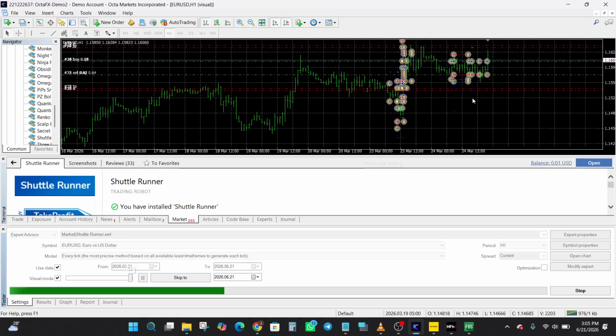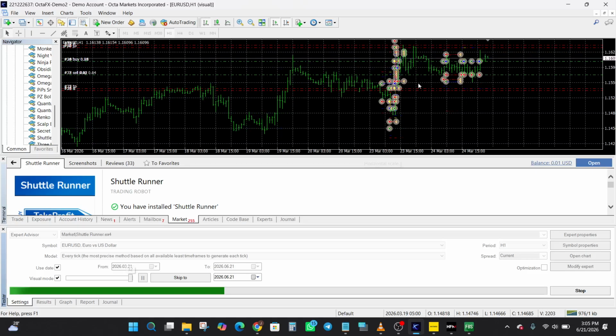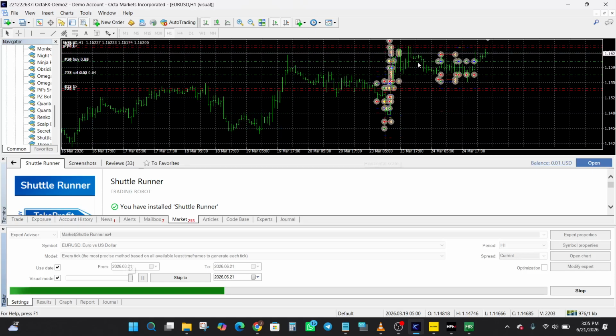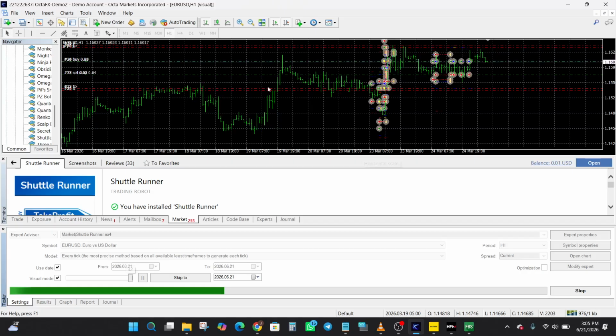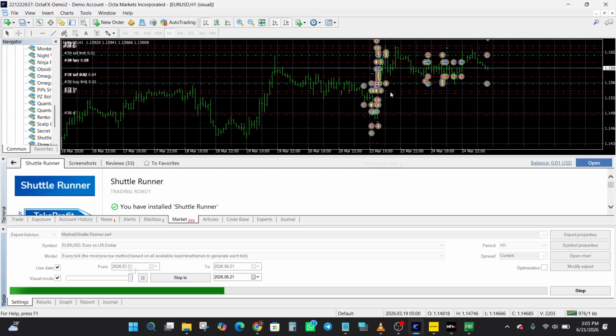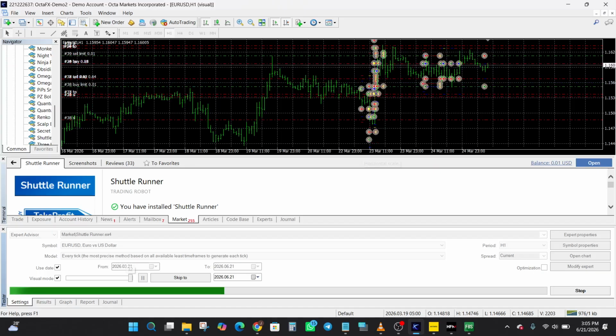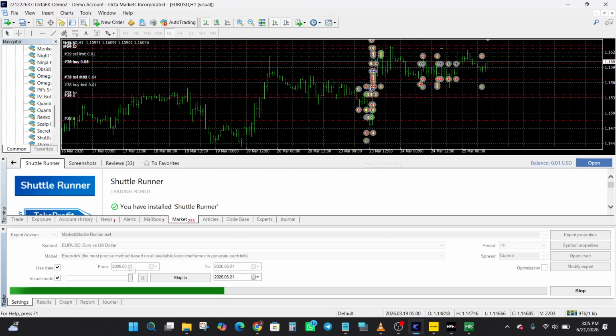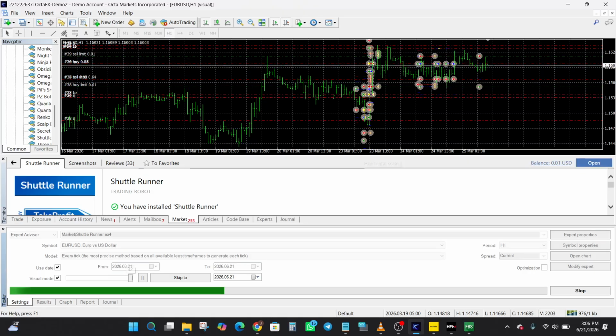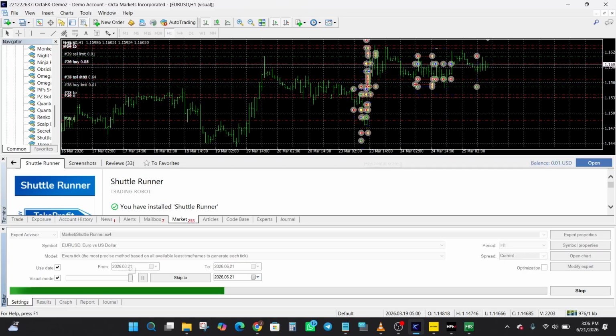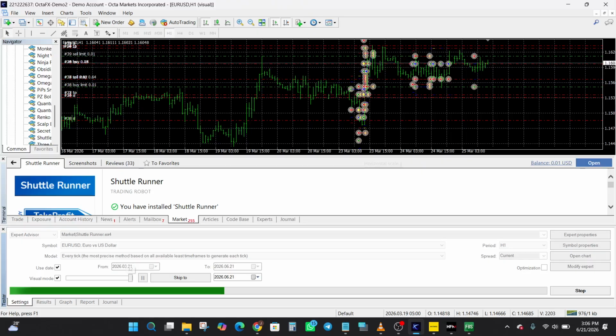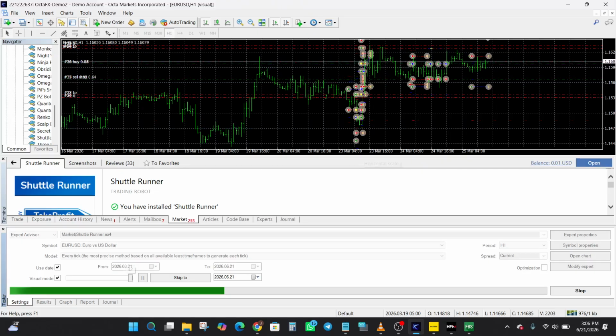We can even see the strategy at work, with the lot sizing and setting opposite trades and all of that alongside the TP and SL. So if you are interested in a channel based approach that focuses on active market sessions and configurable position management, it's worth exploring further through your own testing and evaluation before considering any live deployment of the Shuttle Runner Expert Advisor.